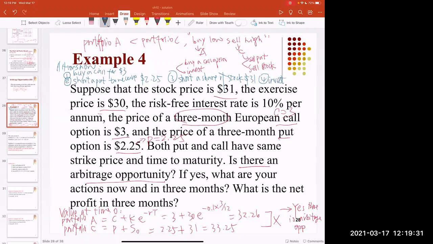The money you receive from shorting positions is 2.25 plus 31. And the money you pay is $3. So can you find how much you're gonna invest?